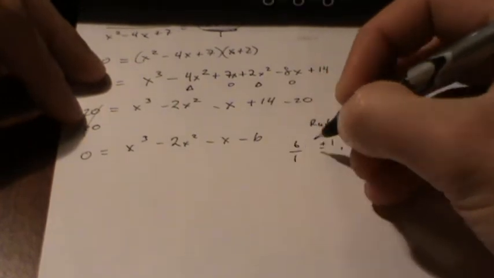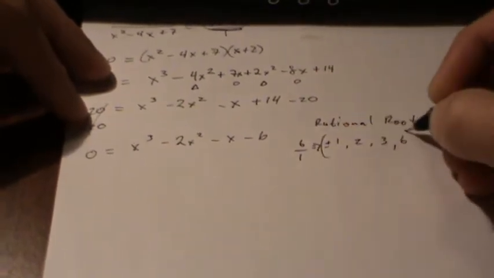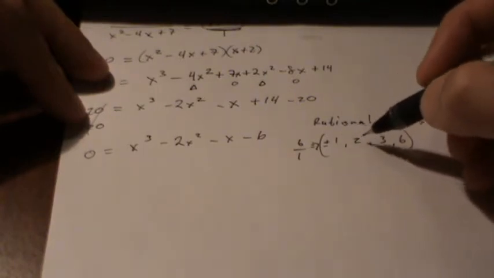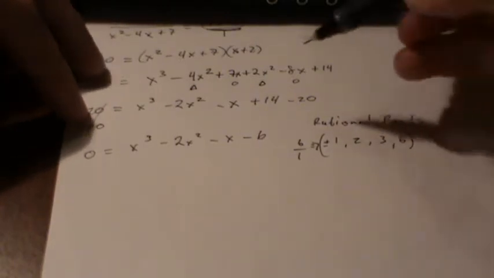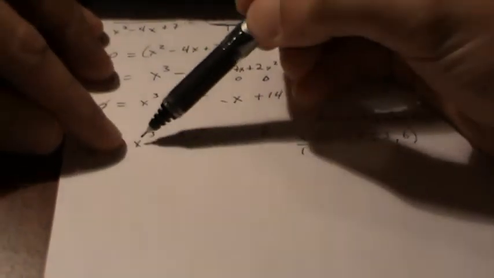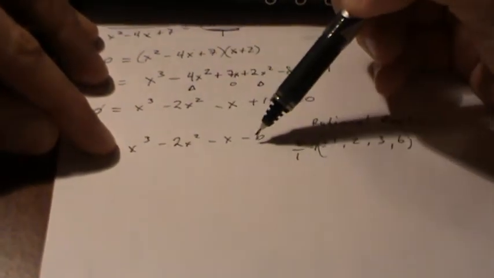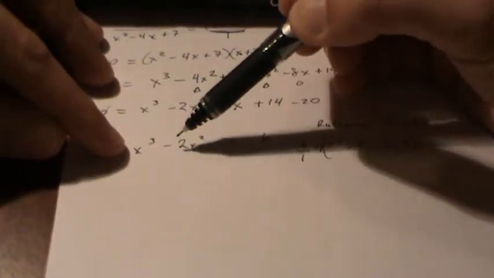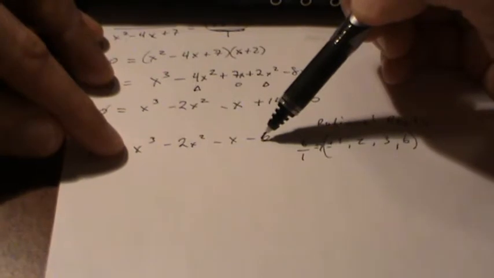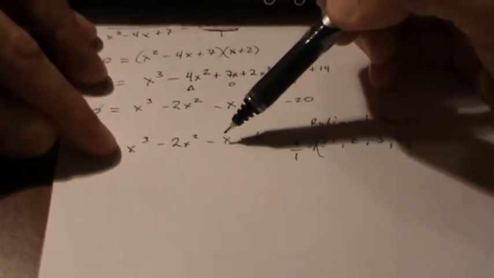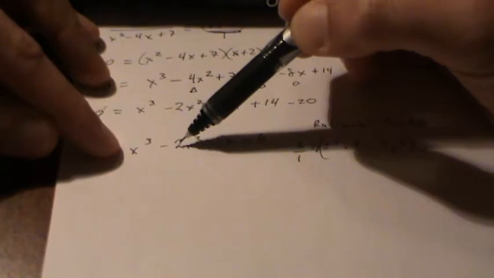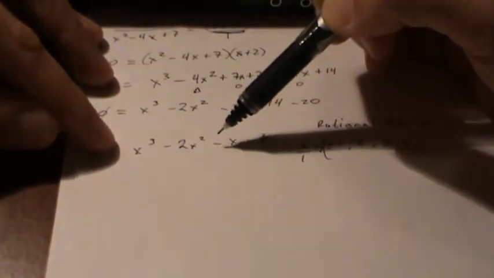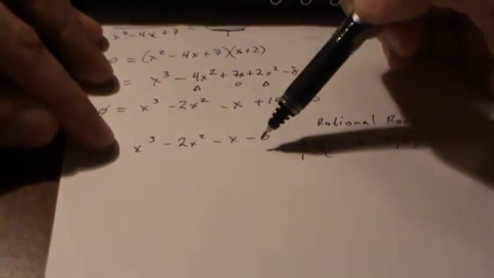Remember, 6 over 1 will give me my rational roots. So I'll start with 1s, 2s, then 3s, then 6s. I'll just eyeball it here. The 1s aren't going to work, because this is a negative 6, so this is only ever going to be a 1, and a 2, which could only be a 4, and so that's not going to work.